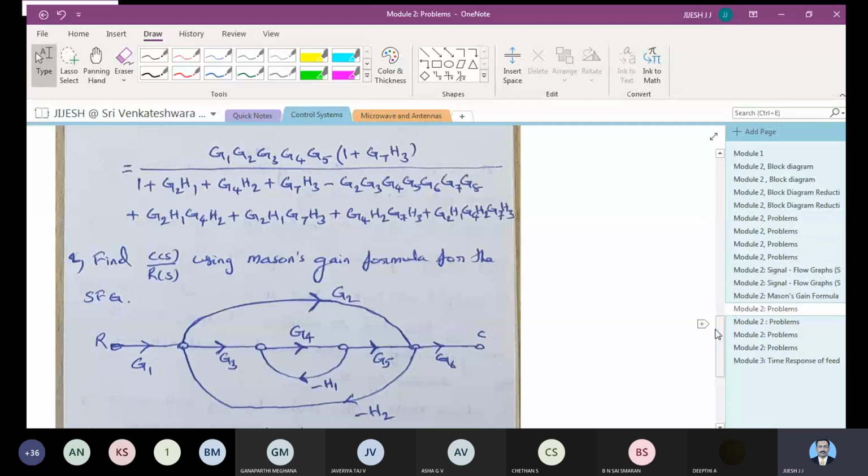How many forward paths are there is the first question to you. How many forward paths are available? Think properly and tell me.